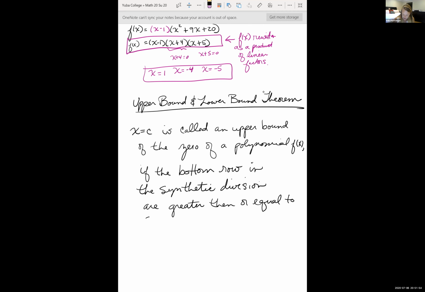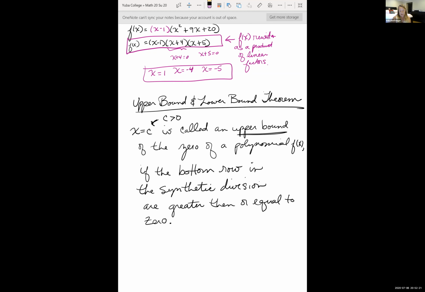One other stipulation here: the number that we're testing, x equals c, has to be positive. So c is greater than 0. So we can never use this theorem when we're testing a negative number for the upper bound. Only when the number we're testing is positive.